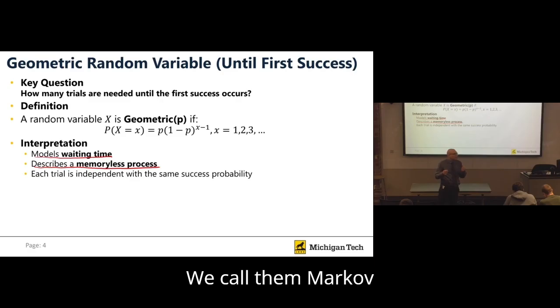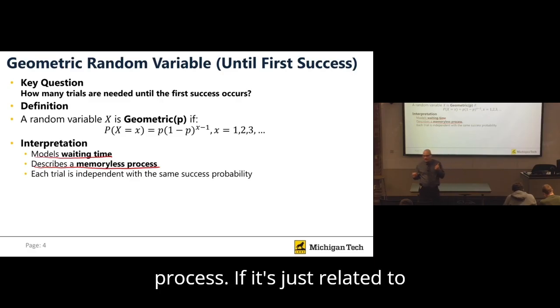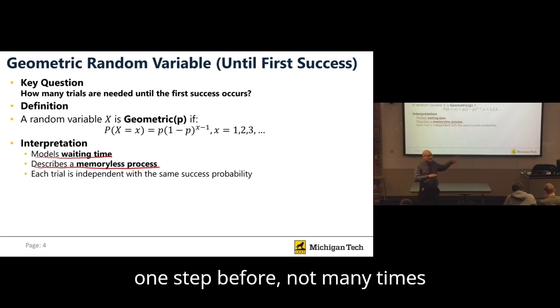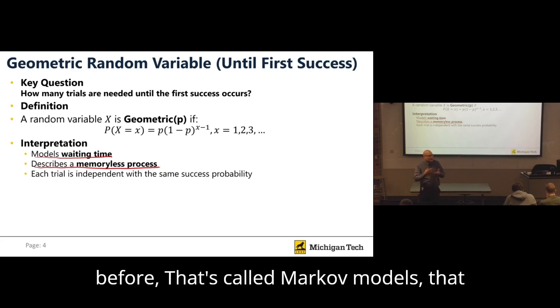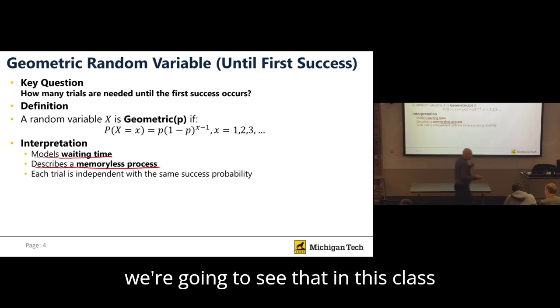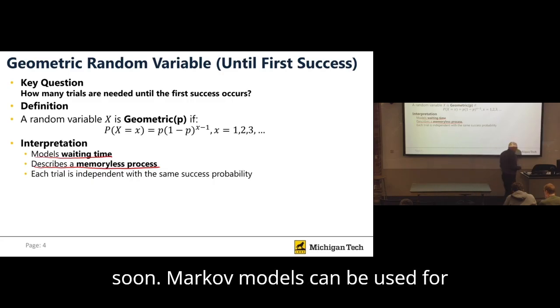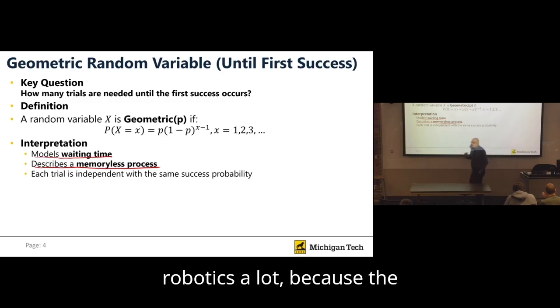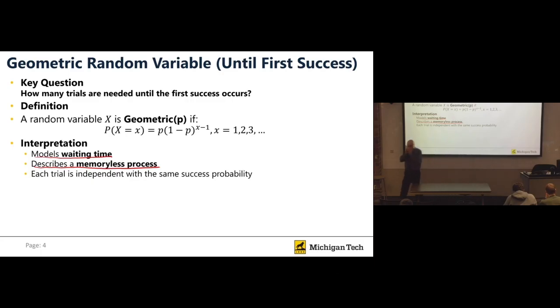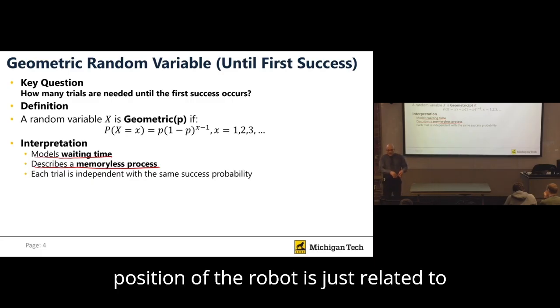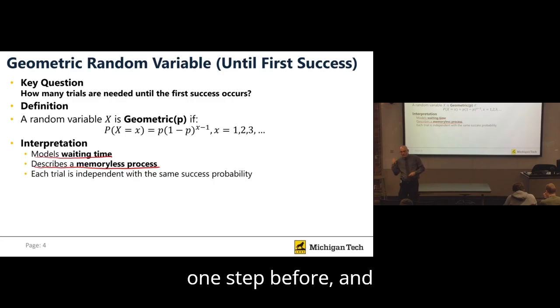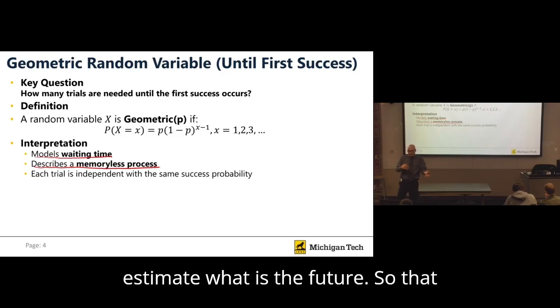Sometimes some actions are just related to one step before. We call them Markov processes. If it's just related to one step before, not many times before, that's called Markov models, which we're going to see in this class soon. Markov models can be used a lot in robotics because the position of the robot is just related to one step before, and from where you are now, you can estimate the future.